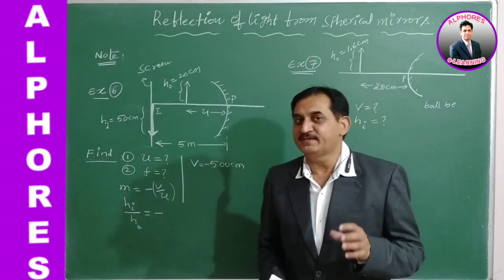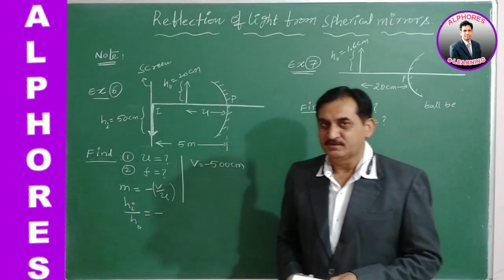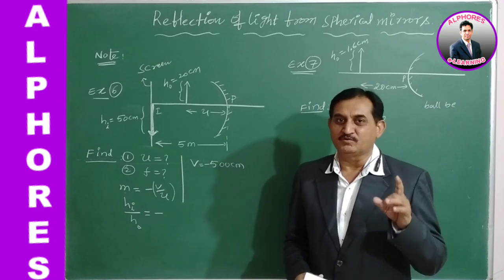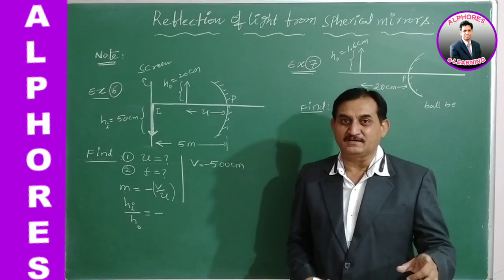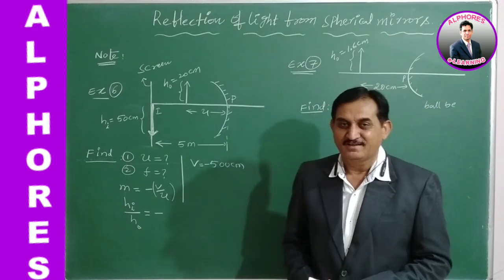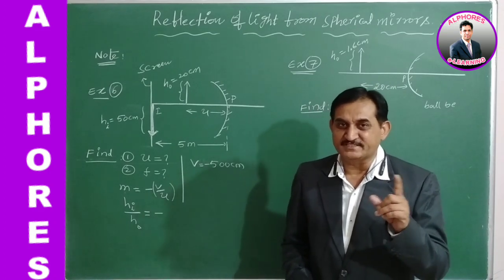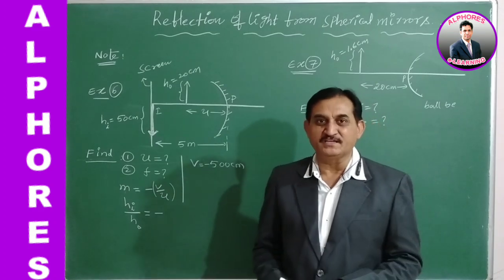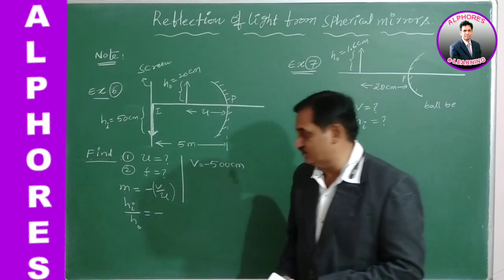While applying the sign convention, keep in mind that for whatever quantity you are going to estimate, calculate or that is asked in the question, don't use the sign convention for that quantity, and the rest of the quantities are to be used with sign convention.